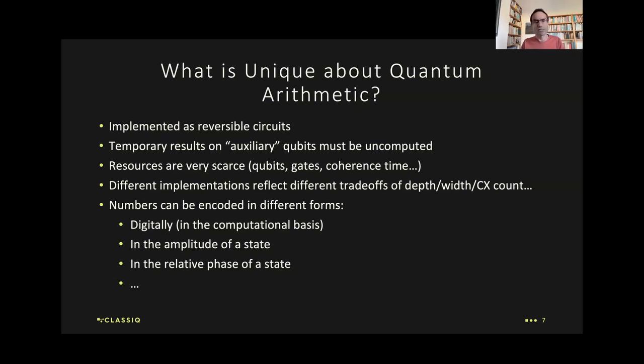So not just digitally like we've seen in the computational basis, but also analogically in the amplitude or in the phases, and all of these are used in some of the most important quantum algorithms. So I won't go into this, but these are also, for us in QMod or in a high-level quantum language, arithmetic expressions or quantum expressions generally.